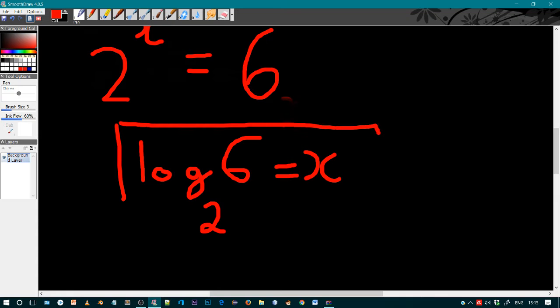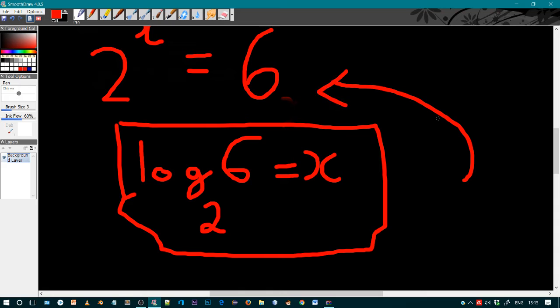This is a representation of the formula right here. We say this expression as log 6 base 2 is equal to x, which means 2 is the base, 6 is the answer, and x is the power. So we have to find what power of 2 gives us 6, and that is x. So 2 to the power x is equal to 6, which is just this expression.